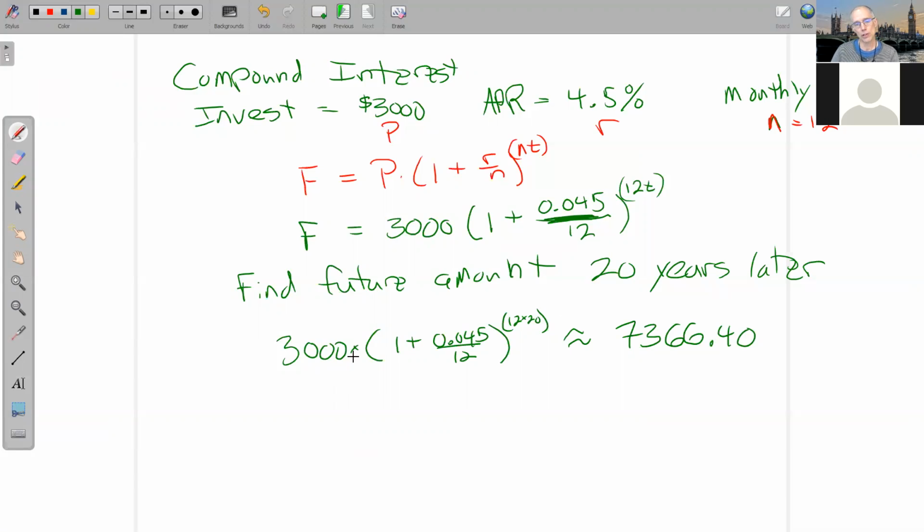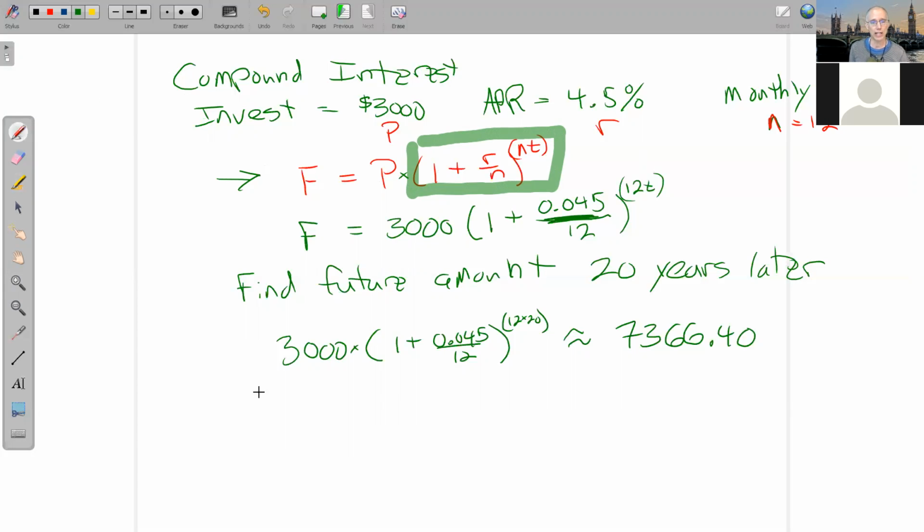Interesting thing about this multiplication here is not only can this formula predict a future amount, but it can predict a past amount. And to do that, on this side, notice it's a multiplication. So if I took this whole thing here that I'm multiplying the present value by, and I divided it to the other side, then I can figure out, like, if I need $8,000 in the future, how much do I need to invest now?